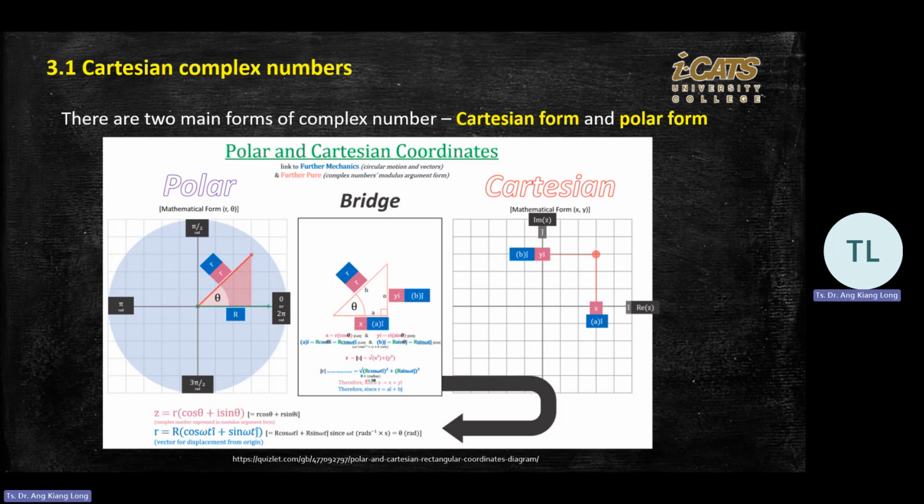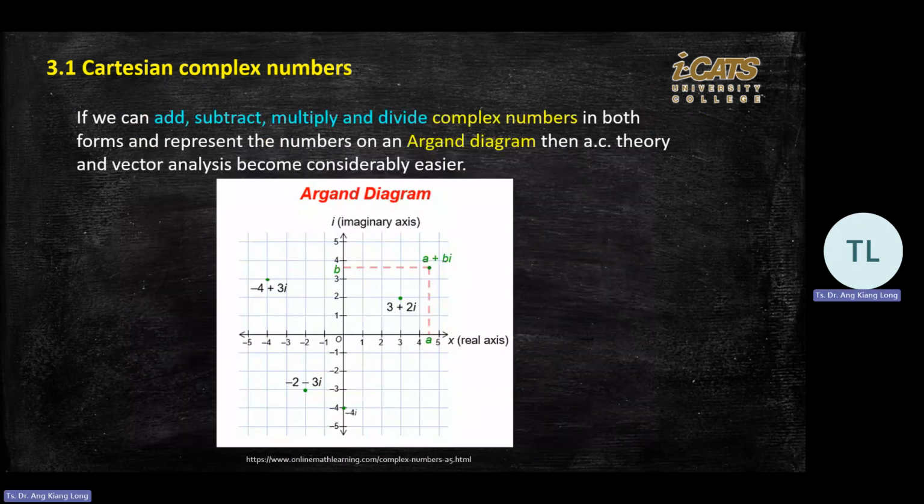Okay, so for your shorthand or short form, you can use Re, bracket, z or something. And then for the imaginary, you can use Im, then bracket, usually z or something. So the Argand diagram just gives you the axes, the real axis and the imaginary axis.